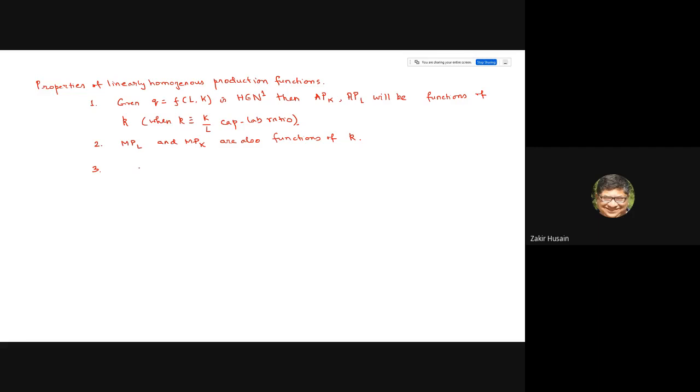The third is that the marginal products times the inputs sum up to Q. Okay. So these are the three properties, and I'm not going to discuss this.